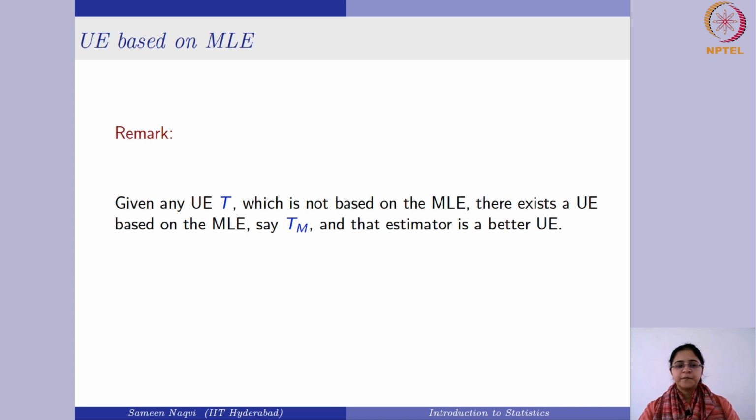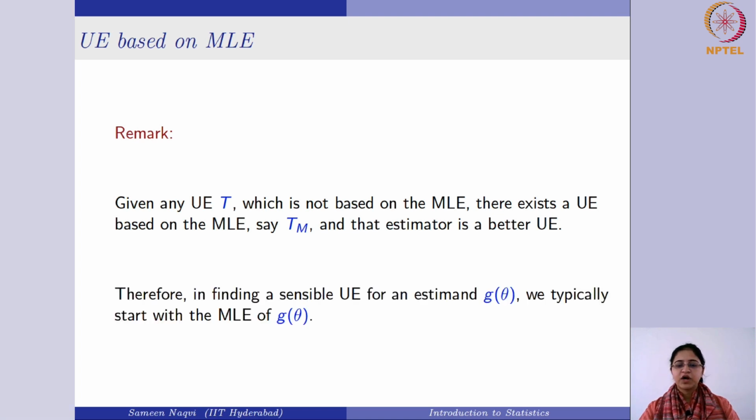So now we see that there are many unbiased estimators. How do we choose the one which is better? The simplest idea is that if you are given two unbiased estimators, one based on the MLE and the other entirely different and not based upon the MLE, then the one based upon the MLE would be a better unbiased estimator.